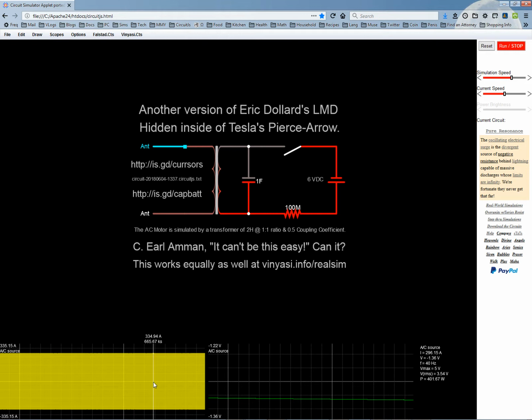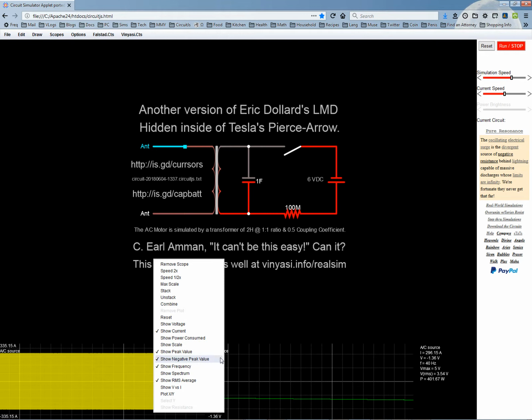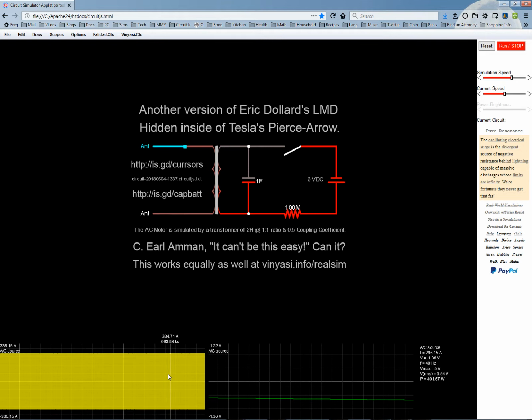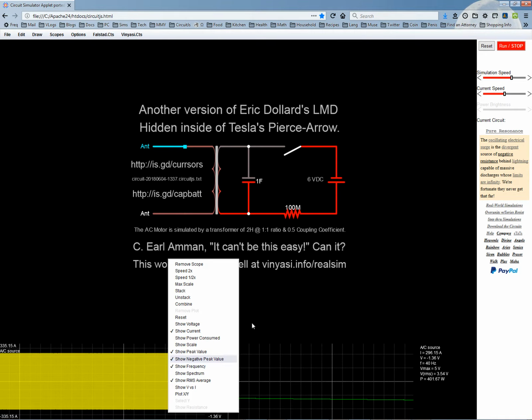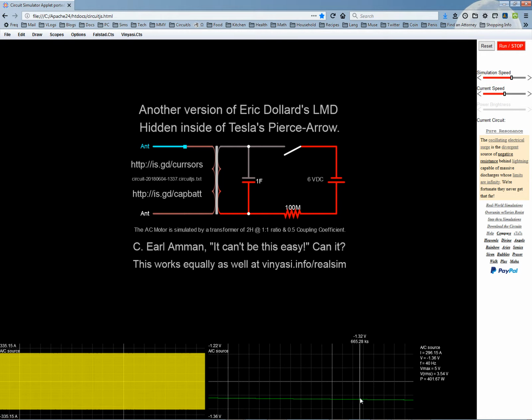Is it really? Let's see. No, that can't be. Can it? No, because it's right here. Oh, it's probably varying to 5, negative 5 actually. In here, that is.